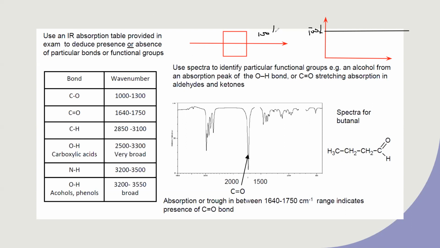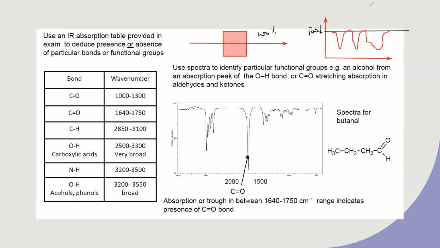But when you place the sample, depending on the bond, the bonds absorb infrared in different ranges. Because of that, you will have peaks at different wave numbers. Some will be broad peaks, some will be sharp peaks, some will be thin peaks, depending on the range.